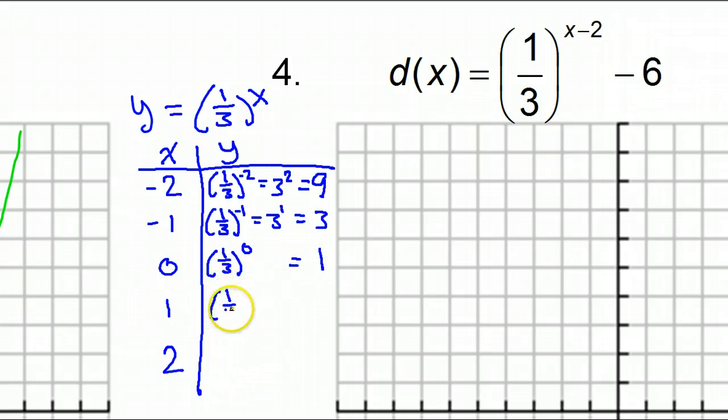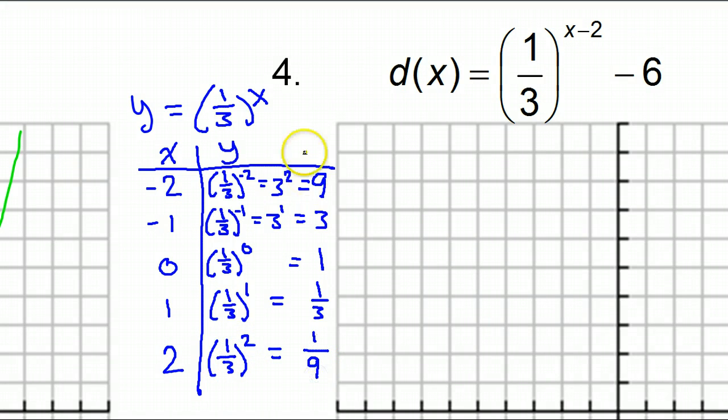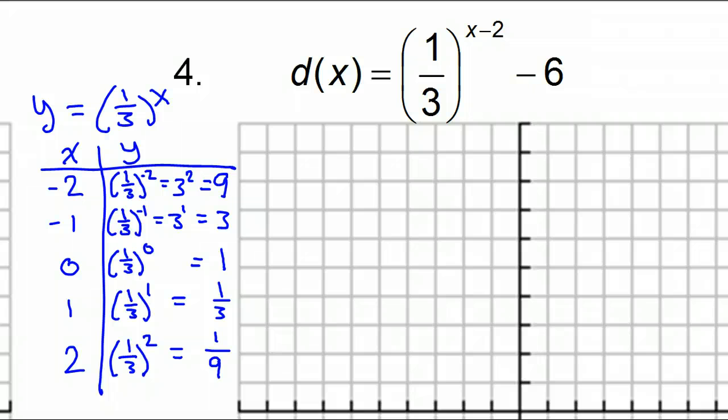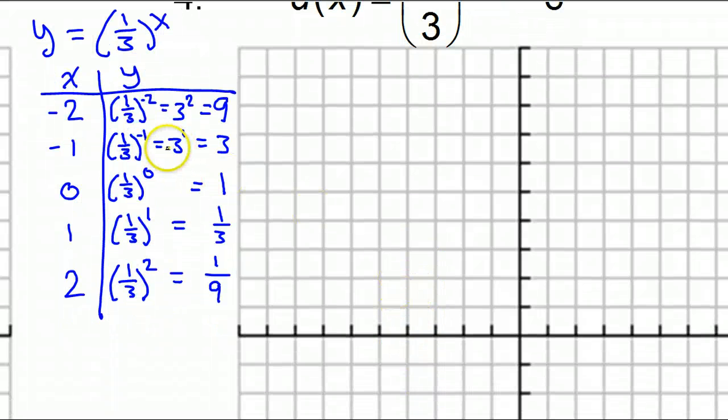If I do 1/3 to the 1 power, that's just 1/3. So if I do 1/3 squared, well, 1 squared is 1, and 3 squared is 9. So these are the values that I must graph for my parent function, my friend. So negative 2 is at 9. Negative 1 is at 3.